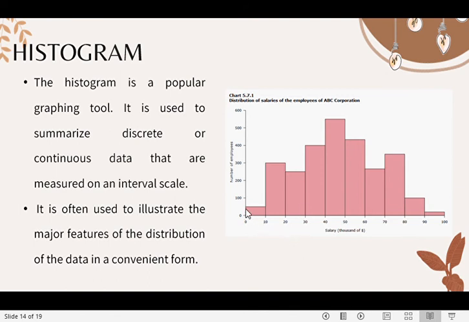So you have 50 employees who have a salary of 0 to 10,000 US dollars. And the second bar would tell us that 300 employees had a salary that ranges from 10 to 20 thousand US dollars. So this is an example of a bar graph. It is often used to illustrate the major features of the distribution of the data in a convenient form.